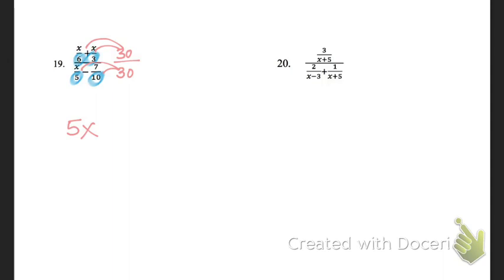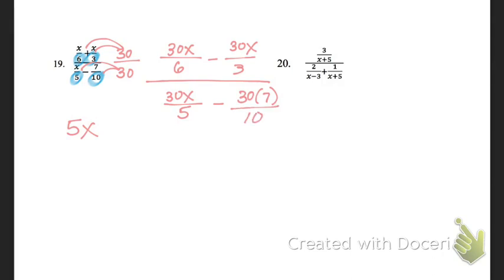Imagine, I'm going to just show you the long way, but I don't write it like this. Essentially what is happening is I'm taking 30x over 6 minus 30x over 3, over 30x over 5 minus 30 times 7 over 10. So essentially I'm distributing 30 to every single fraction.